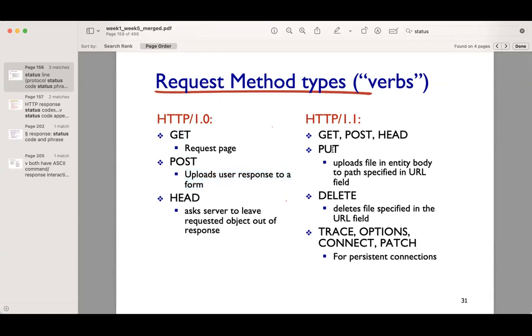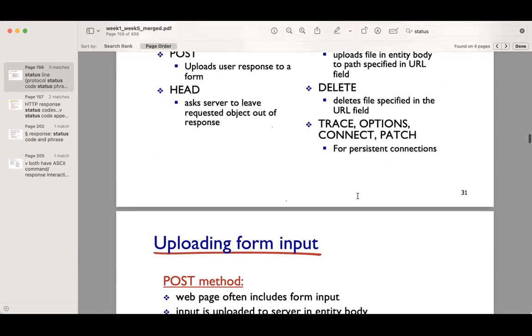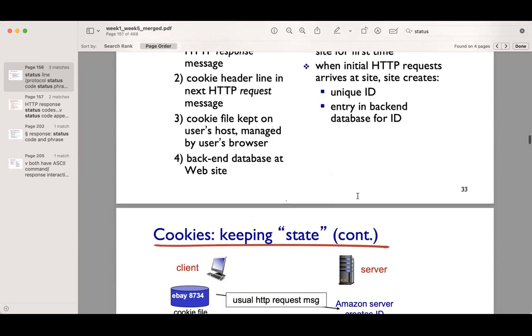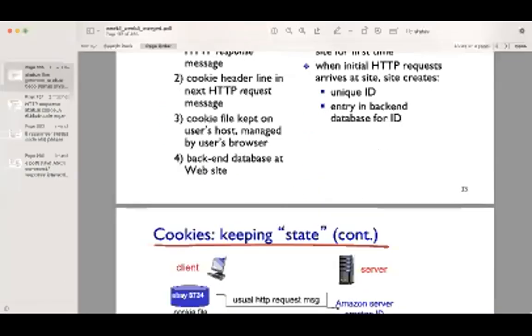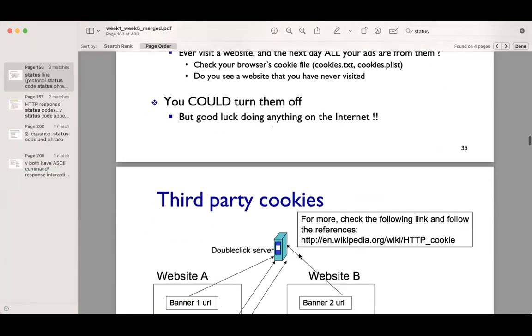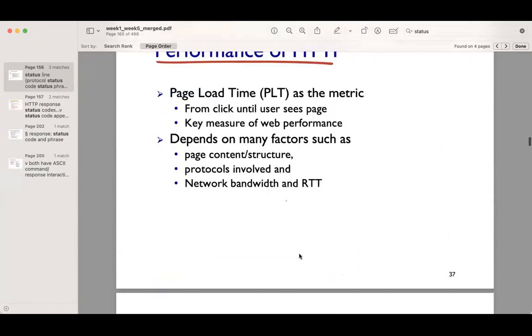And the same idea with PUT and DELETE. For PUT, we usually use it to update some records on the server, and DELETE, obviously, we use it to delete something. And that's it. What's next? The HTTP versions 1.0 and 1.1.